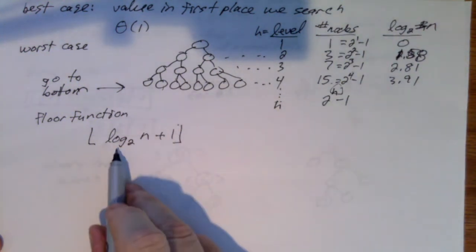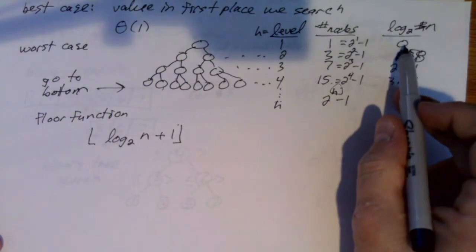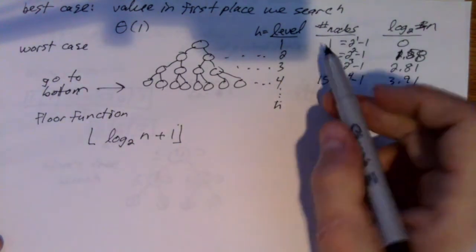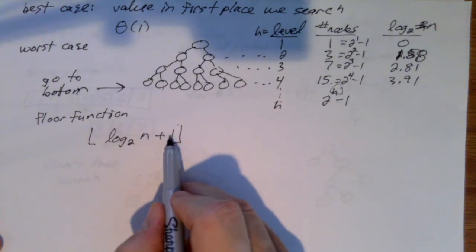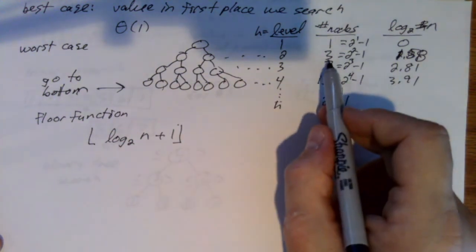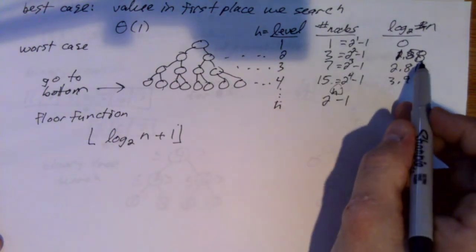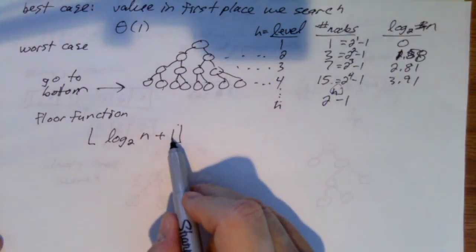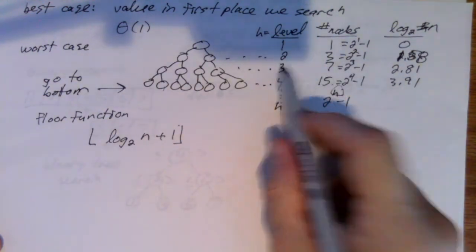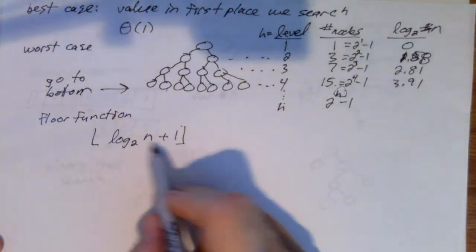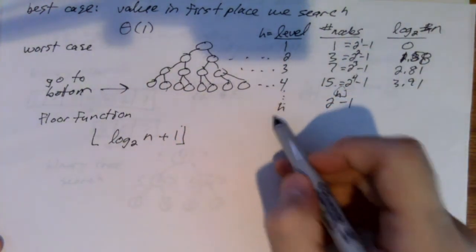So what happens there? Well, if I only had one node, log base 2 of 1 gives me 0. 0 plus 1 gives me 1. If log of 3 gives me 1.58, I add 1 to that to get 2.58. I round this down to the largest integer less than or equal to this. That would give me 2. And so forth for each of these. So each of these then will give me 1, 2, 3, 4, and so forth. Okay?